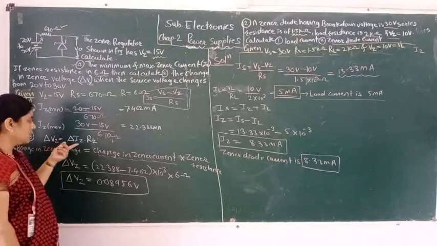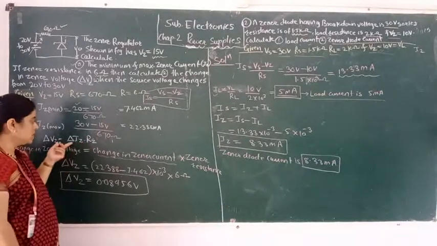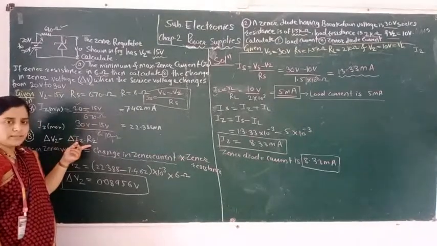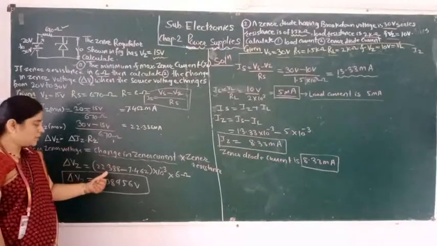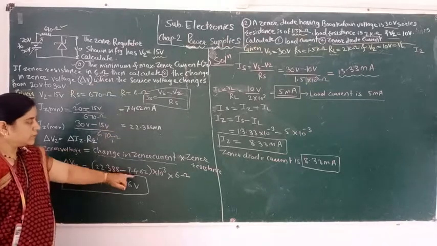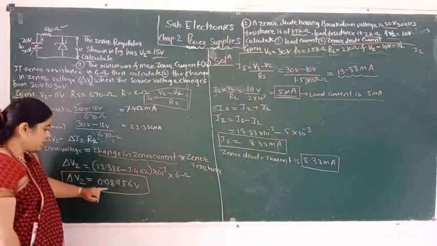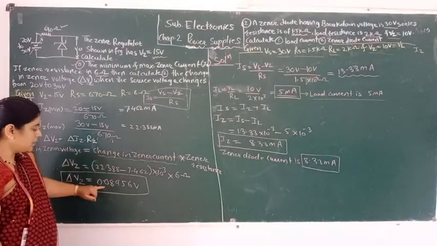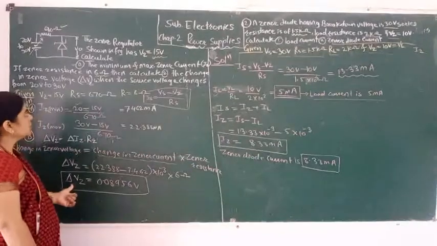Change in voltage is simply I into R, that is current into resistance. So the change in Zener current, maximum value minus minimum value, into the given Zener resistance, gives 0.8956 volt for the change in voltage.